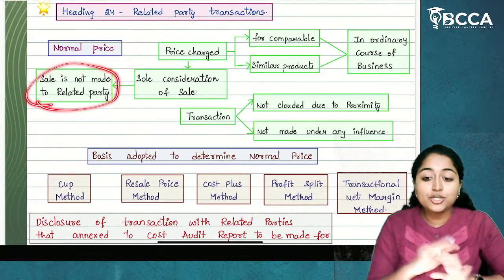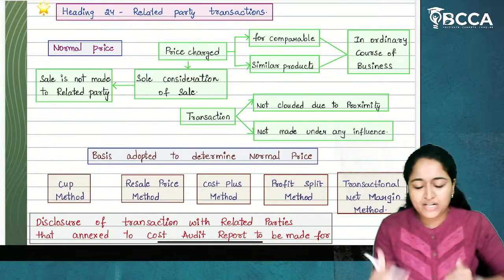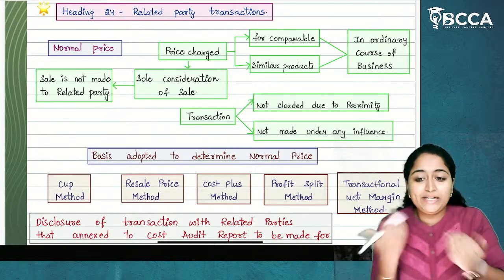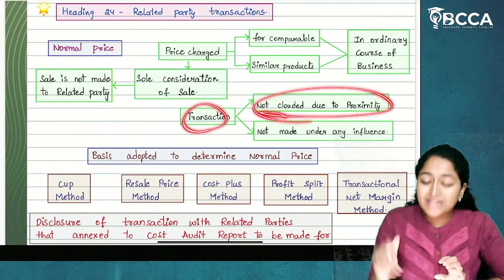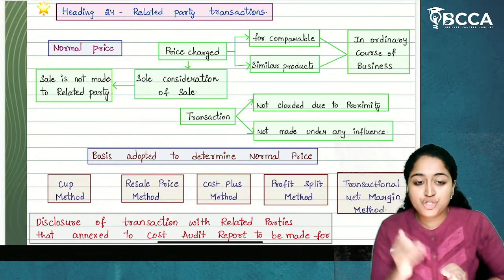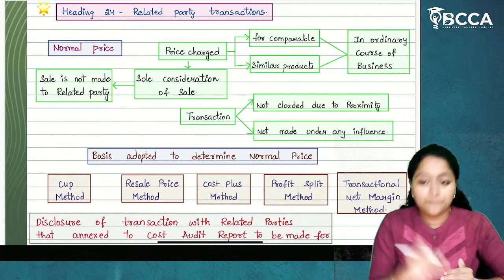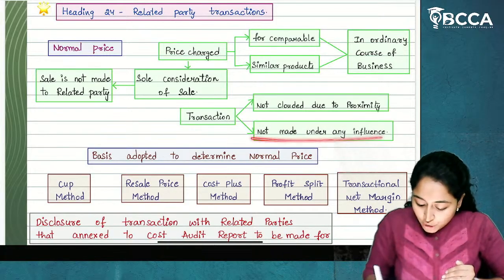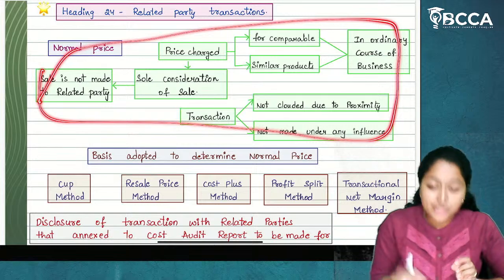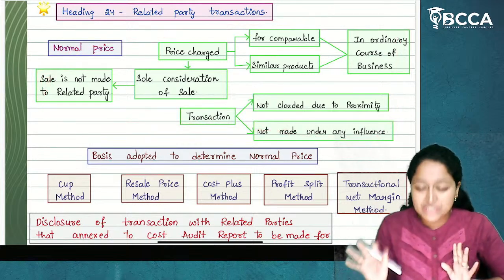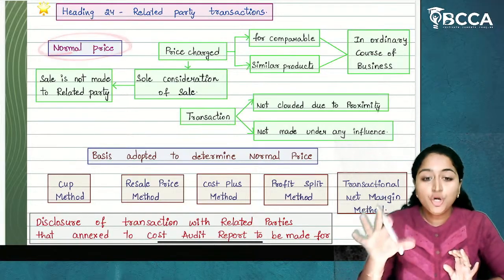And the sale is not made to a related party, which means to an unrelated party who is not at all considered related to someone. And the transaction should not be clouded due to proximity, which means it should not be done due to any biased opinion or any influence, not made under any influence. So in this particular transaction, covering all these considerations, if there is a price which is charged in a transaction, it is called a normal price.